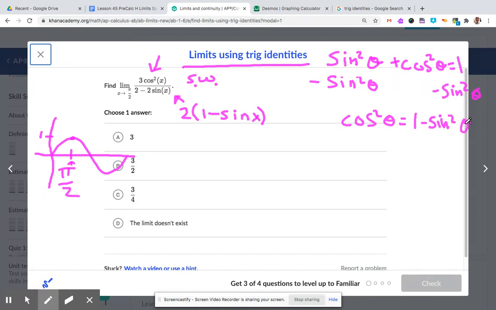squared of theta. Now, this is a perfect square, this is a perfect square. These are a difference of perfect squares. So this cosine right here, on the top, cosine squared is really equal to 1 minus sine squared. And we're not using theta, we're using x in this problem.